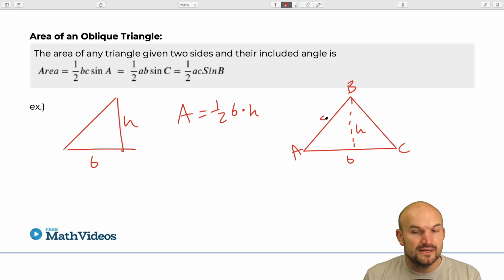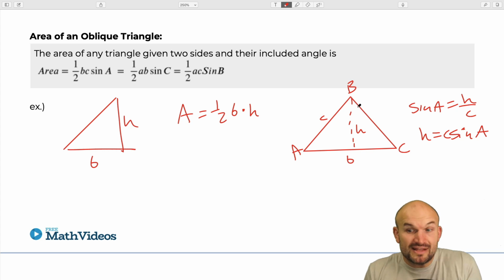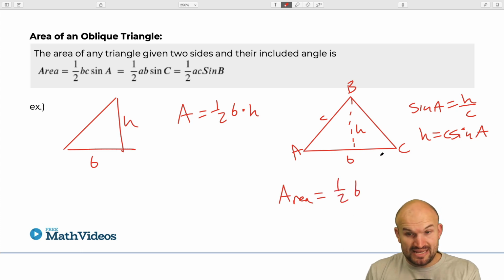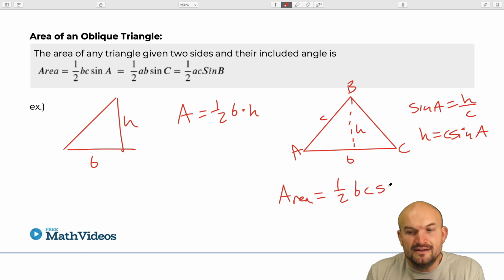I can find the height: the sine of A equals h over c. So h is equal to c times the sine of A. So that's going to be the height. So area equals 1/2 base, my b, times my height. Height can be represented as c times sine of A. So that's where the formula comes from.